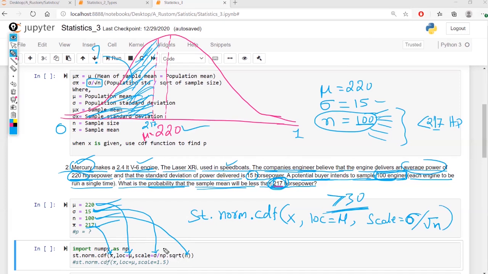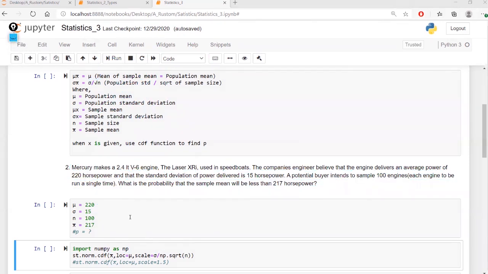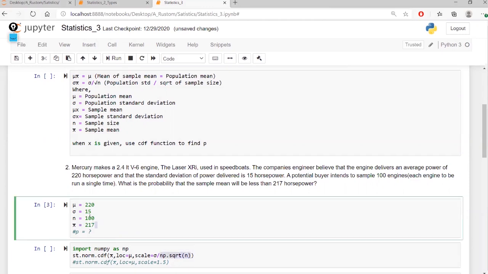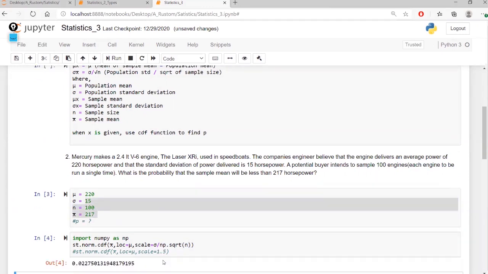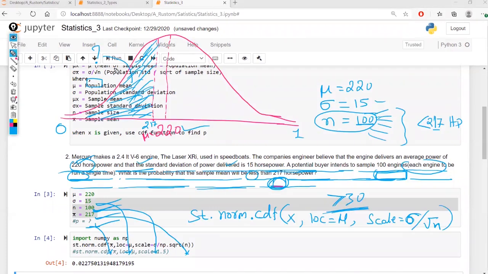So if I use all this formula and plug in those numbers, let's execute this. It is giving me 0.022.